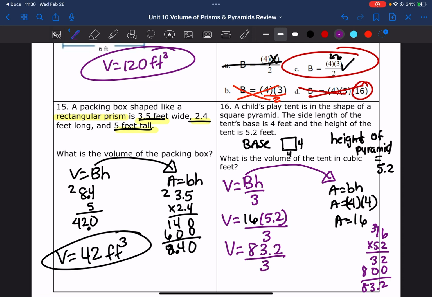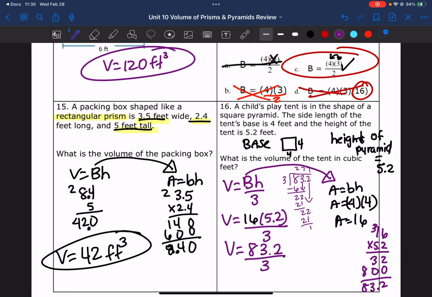Now, when I divide this, I'm going to try to do this as small as possible right here. 83.2 divided by 3. 3 can go into 8 2 times. That would be 6. Subtract that. You get 2. 3 can go into 23 7 times. That would be 21. Again, 22. But that would be 7 again, and that would be 21.